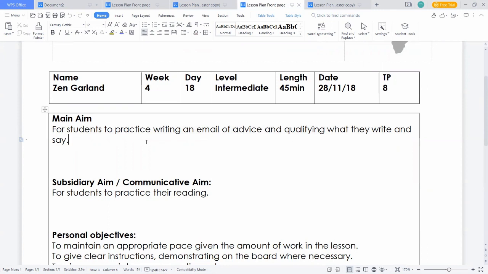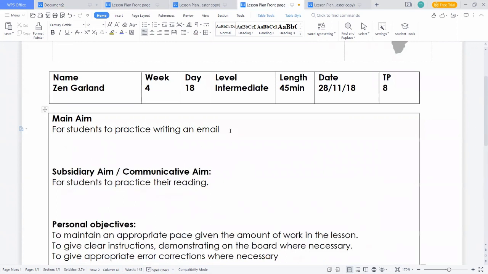This is fine, but a main aim of students practicing writing an email isn't necessarily enough for most students.